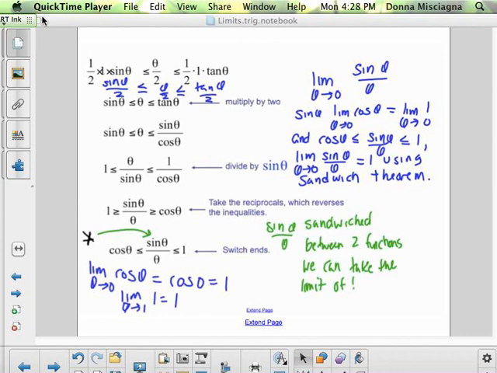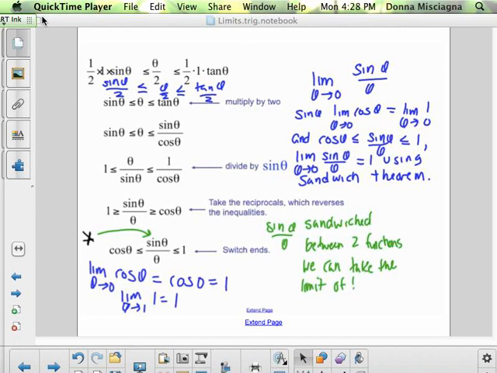Why don't we just multiply everything by 2 and get rid of it? If all those things divided by 2 work, so do those things multiplied by 2. So that statement is equivalent to sine theta is less than or equal to theta, which is less than or equal to tangent theta.